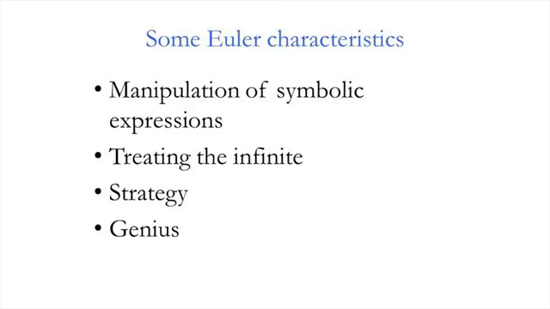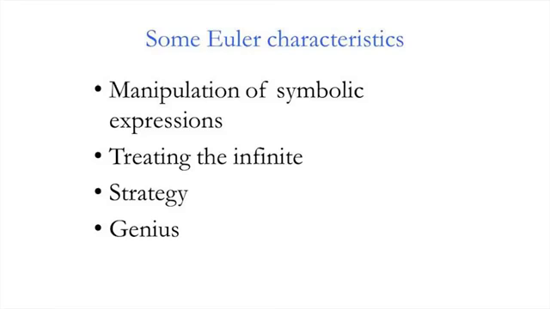The other thing I want to pick out is strategy. We've only seen one or two examples of it, but a favourite strategy of Euler was to view the same thing in two different ways. We saw how he showed a particular infinite series was the series for the complex exponential, but could also be split into two other series, which were the series for sine and cosine. And this ability to view mathematical objects from different perspectives is one of Euler's core strengths.